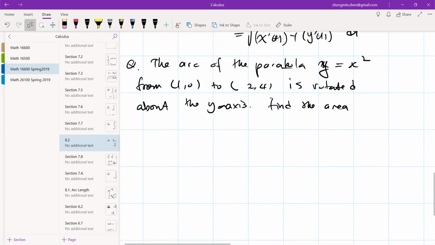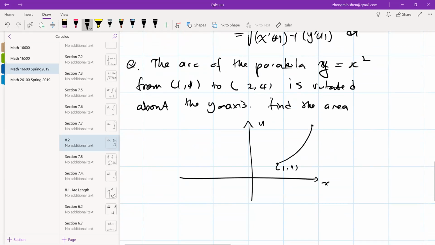So for step 1, first of all, you are in the xy coordinate system, right? It's 2-dimensional. y equals x squared, and x is from 1 to 2. So this is a parabola. Right, that's a piece.